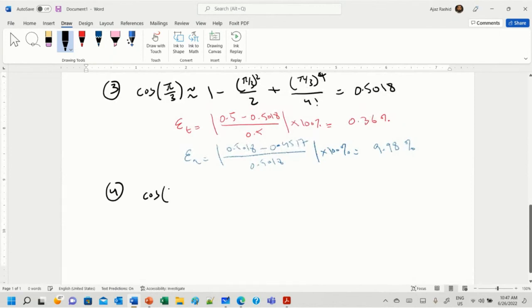So cosine pi by 3 is approximately equal to 1 minus, so plus, then it will go to minus.